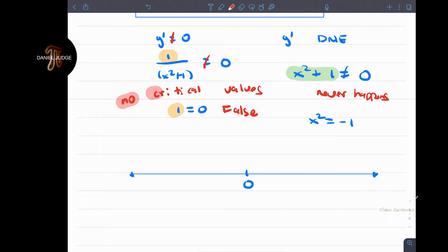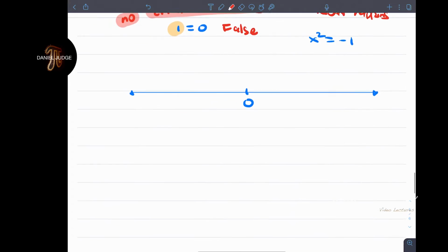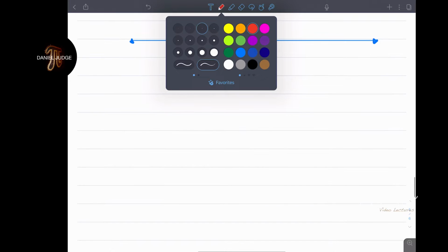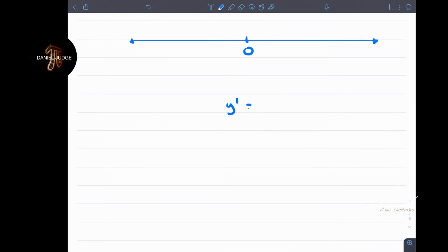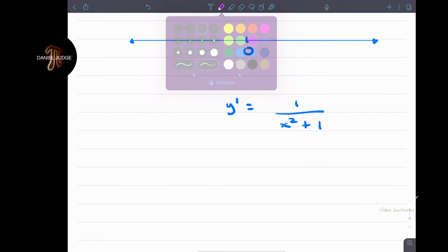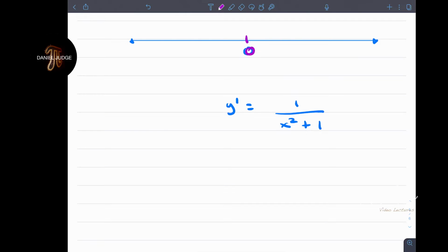And we want to know what this means then, right? Since the first derivative, let's take a closer look. First derivative is 1 over x squared plus 1. So what this means is you give me any test point, and it doesn't matter what the test point is. I'm going to use a 0 here. If I plug in 0 here, notice I get a positive answer, meaning that the first derivative will be 1 over 0 squared plus 1.